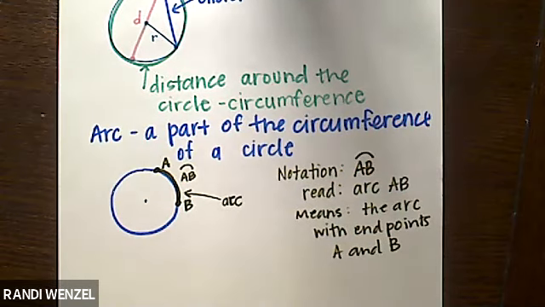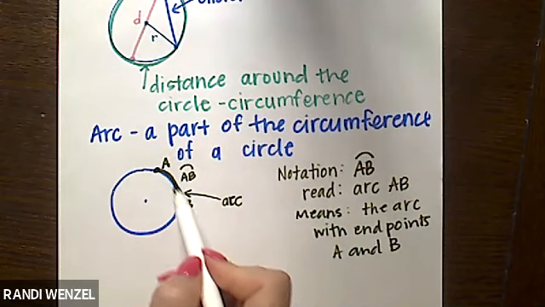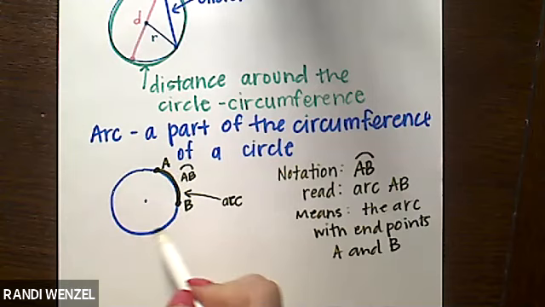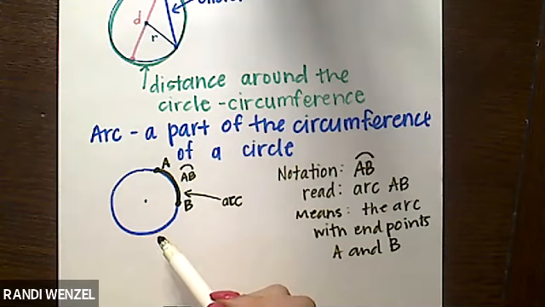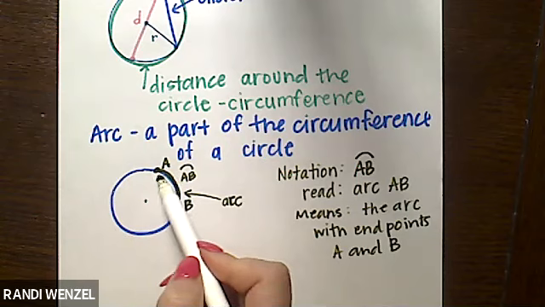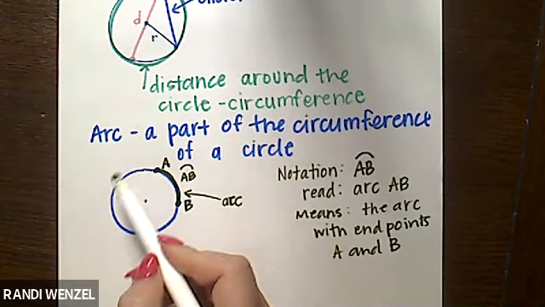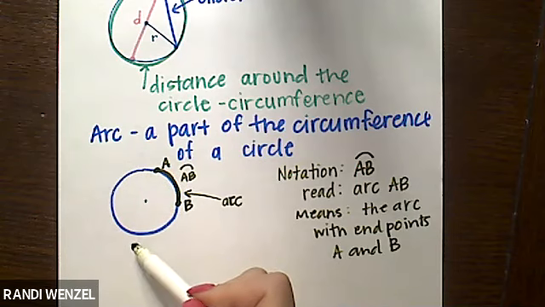So what we're going to do today is learn how these arcs, these parts of the circle, are related to the bigger part of the circle, how it's related to angles inside the circle. As we go further into this chapter, we'll also learn how to figure out the measurement of that. So today we're just going to talk about it in degrees, because if you remember, a circle is 360 degrees.